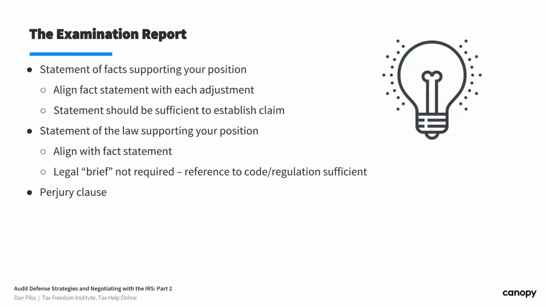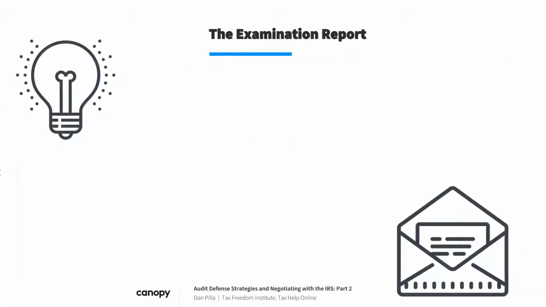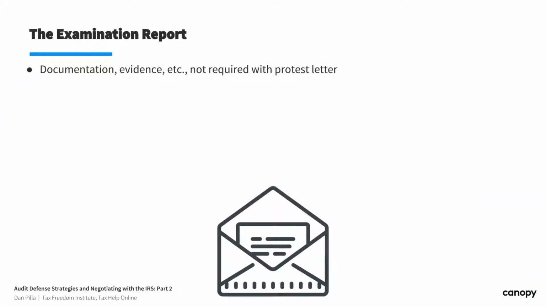So now, let's go on and talk about some documentation. Documentation, evidence, and so forth to support your position is not required to be submitted with the protest letter. The protest letter is basically a bare bones letter. So, depending on how many issues are at stake, we're talking about maybe a 2 to 4 page letter. It's not lengthy. It's not elaborate.